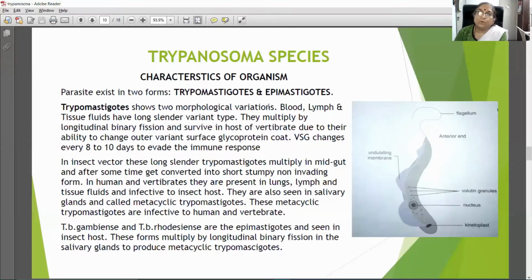And if the host is taking some medicine to remove or to kill this parasite, the surface glycoprotein coat is going to change after 8 to 10 days or after some multiplication cycles. That's why the parasite goes on multiplying in the host and does not go away from the host.